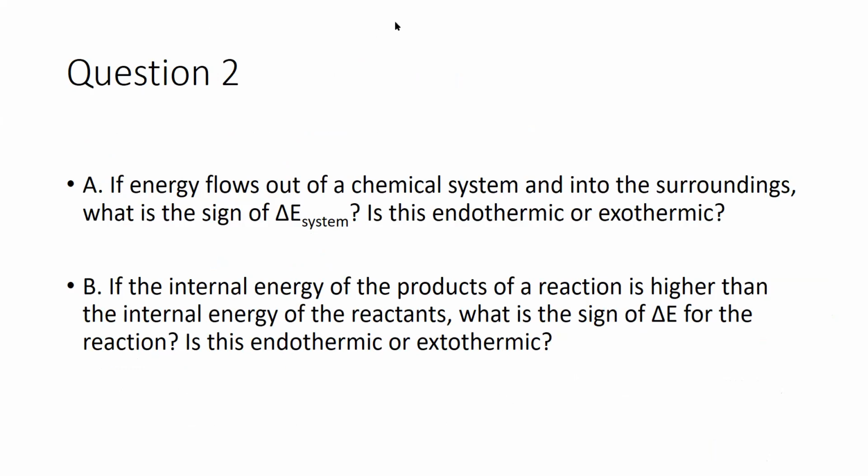Is it endo or exo? So here my poll options are only endo or exo. So just tell me in the poll, do you think this was an endothermic or an exothermic reaction? And then see from that if you can determine what was the sign of delta E.